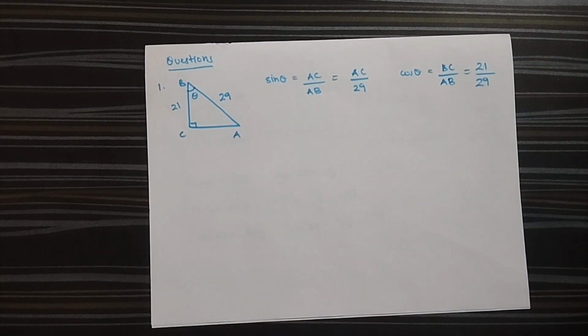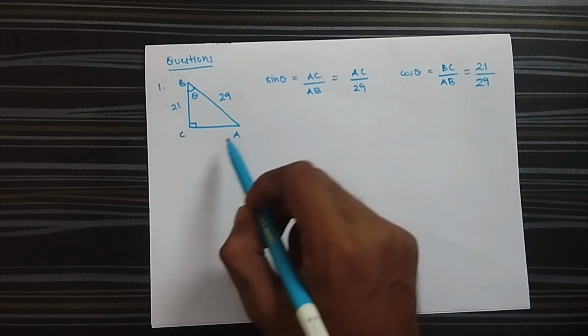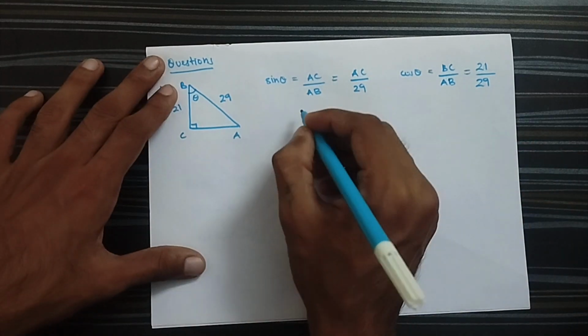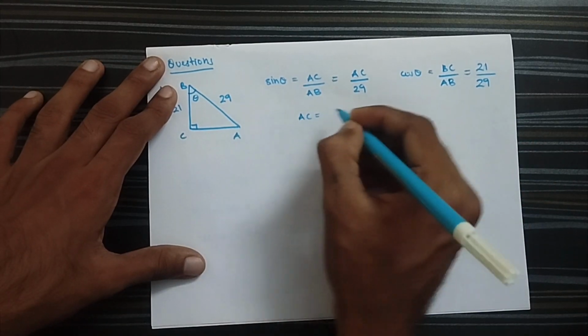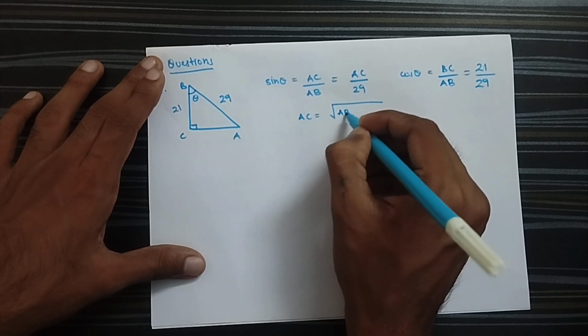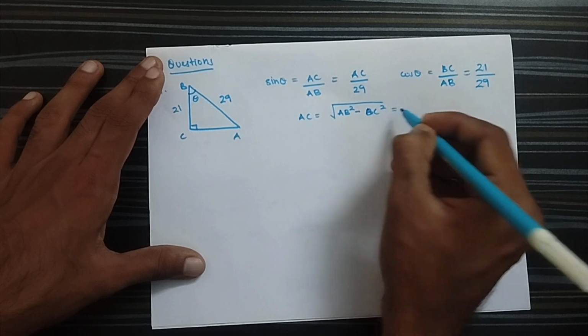Okay. So in order to add these, we have to find the value of AC. We can find the value of AC using Pythagoras theorem. So by Pythagoras theorem, AC would equal root of AB square minus BC square, right?